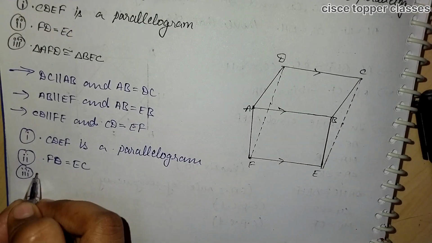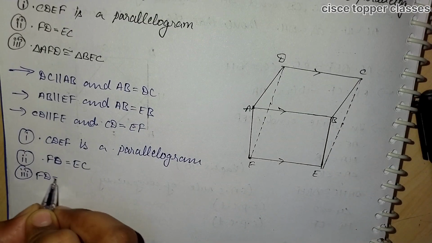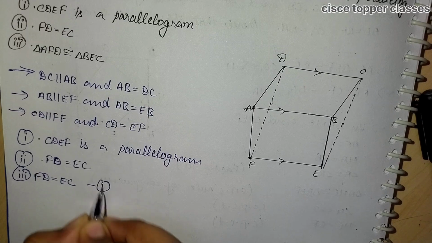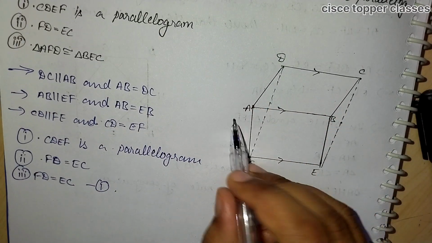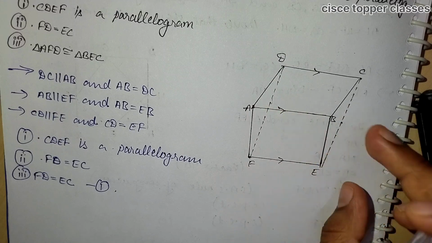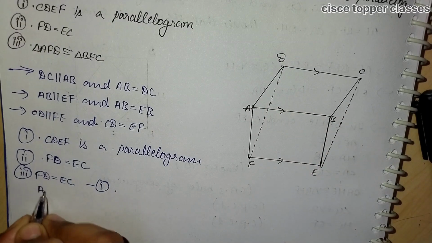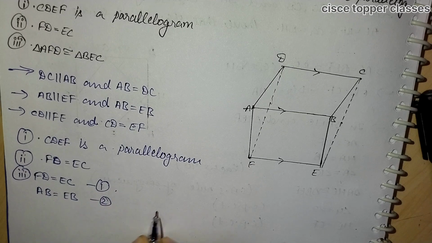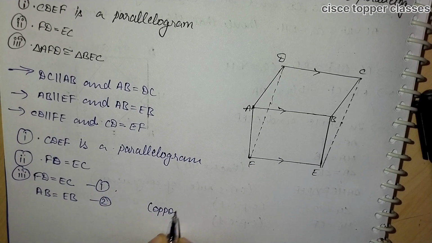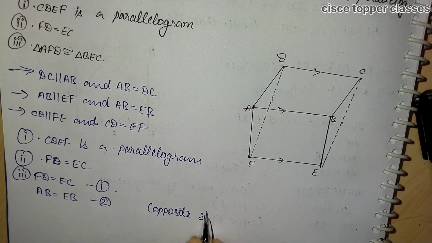First part is FD is equal to EC. The second thing which we have proved is that opposite sides of a parallelogram are equal. In ABEF we have AF is equal to BE, because these are the opposite sides of a parallelogram.